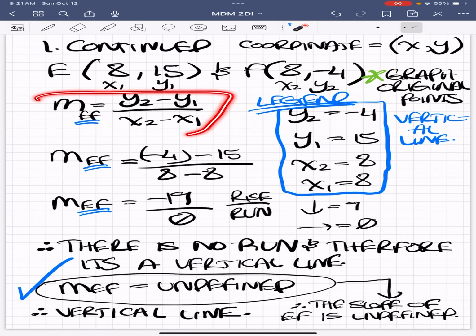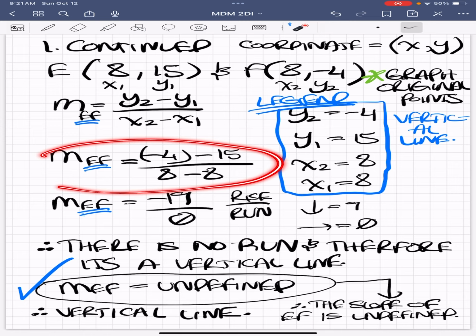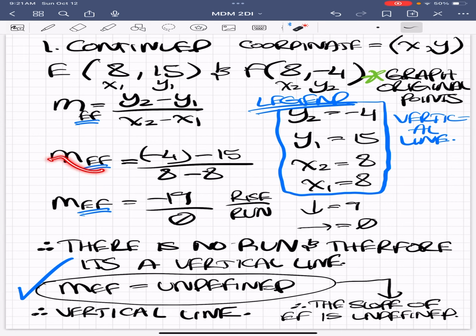So right here we have the formula for the slope of E and F. We inputted our legend into the formula, and we have m, the slope of EF. So we have negative 19 over 0, and that's our rise and run, and we can't have division by 0, and we have division by 0 right here. It's on the bottom, meaning that the slope of E and F is undefined, meaning it's a vertical line.